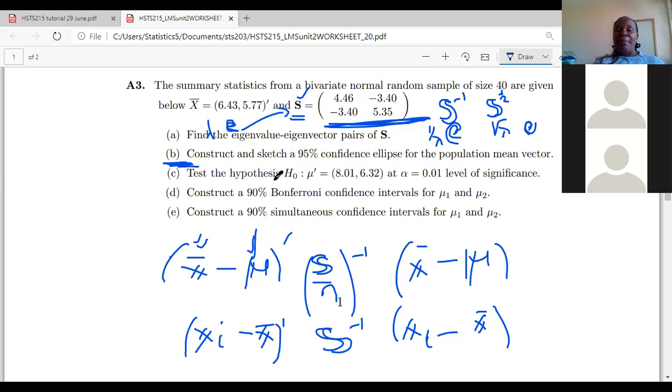Even where we test this hypothesis, we use x bar, we use Hotelling's T squared, which has more or less the same structure. So the difference comes in when we look at x bar. In the proof we did previously, we showed that the expectation of x bar is mu and the covariance of x bar is sigma over n, and that is where sigma over n comes from here. So that is the difference in the quadratic forms, but they work in much the same way.